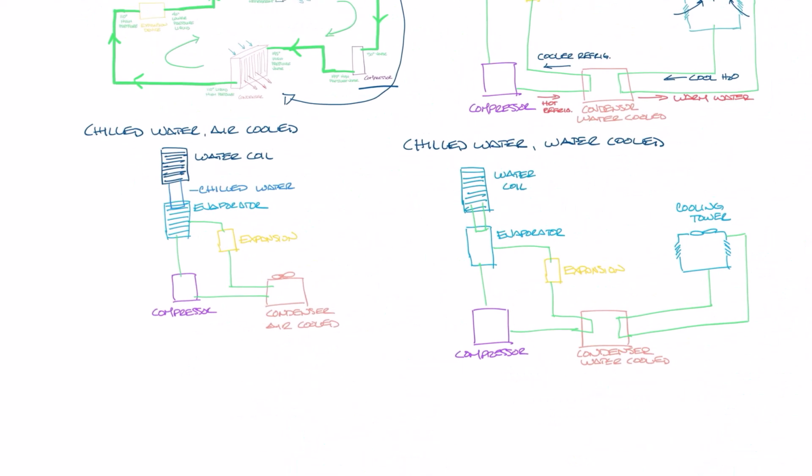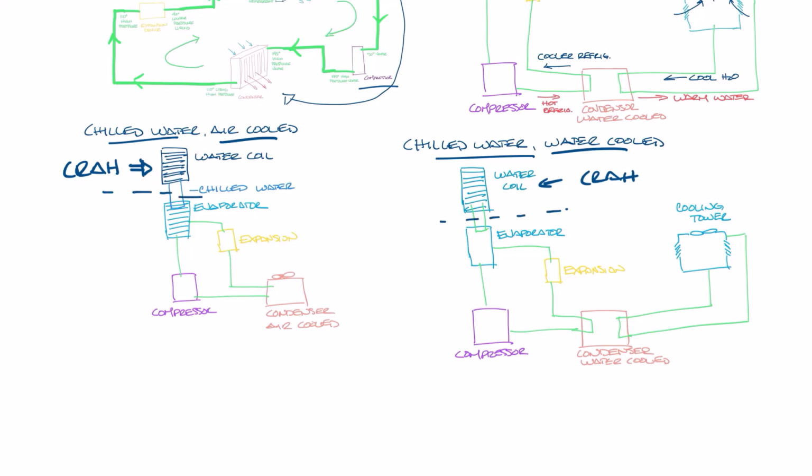Now let's look at these two bottom images. The CRAH unit is a chilled water system, so it looks like one of these two images. The one on the left is an air-cooled chilled water system, and the one on the right is a water-cooled system. In both systems, a water coil that is in the CRAH unit in or adjacent to the data center equipment floor is served by a chiller that is located somewhere else on the site.